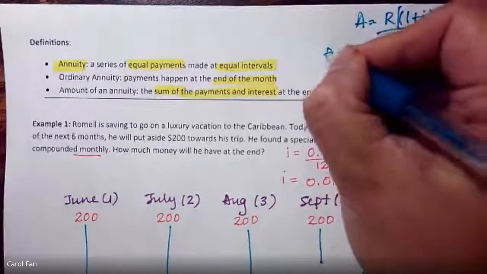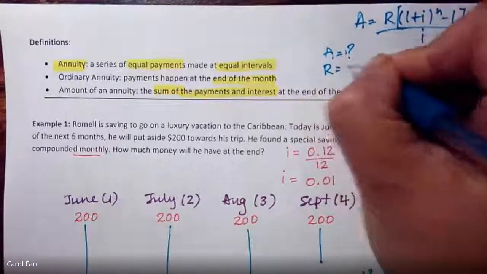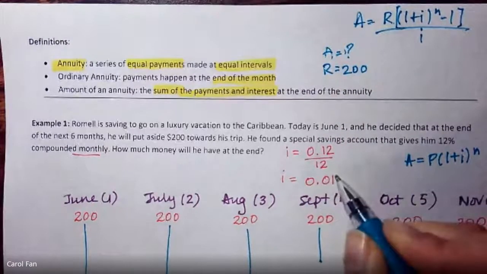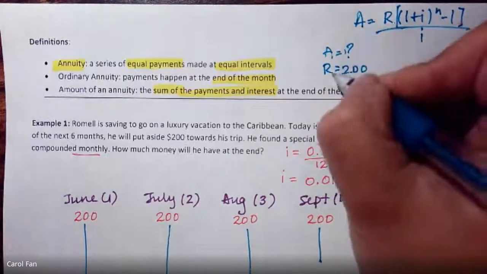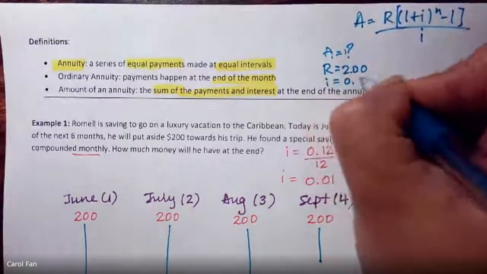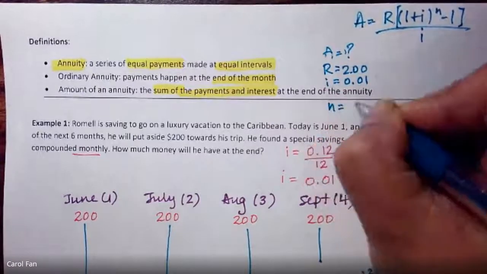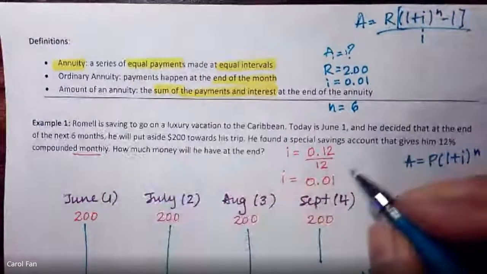So A, I don't know. That's what I'm looking for. My regular payment is $200. I've calculated my interest per compounding period to be 1%. And the number of compounding periods is 6 because he saves it for 6 months.